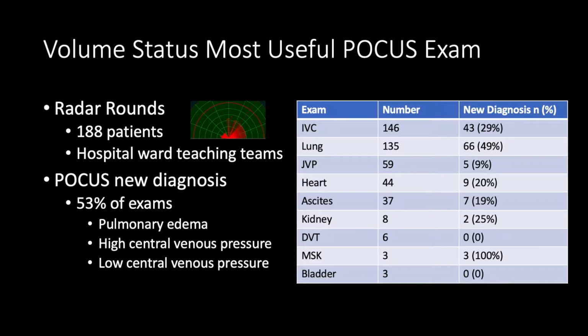And when we were scanning together, 53% of the time, ultrasound provided a new diagnosis. The most common misdiagnoses were pulmonary edema and high or low central venous pressure. And you can see here, covering inferior vena cava and lung and jugular venous pressure were the most common performed exams, frequently resulting in change in diagnosis.